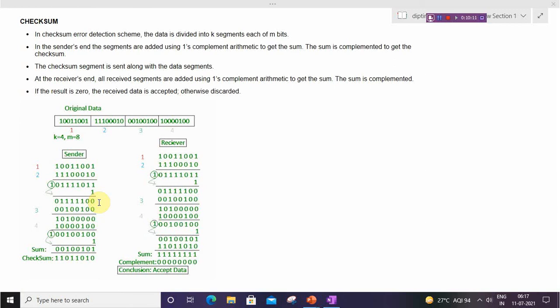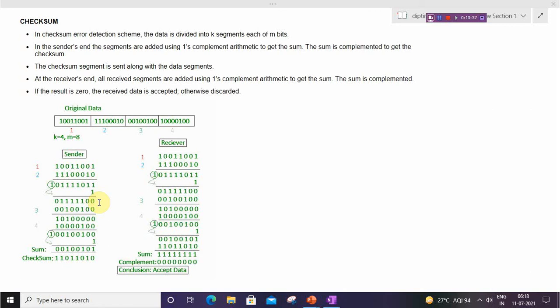The sum is complemented to get the checksum. The checksum segment is sent along with the data segments. At the receiver end, the received segments are added using 1s complement arithmetic to get the sum, and the sum is complemented. If the result is 0, the received data is accepted, otherwise discarded.